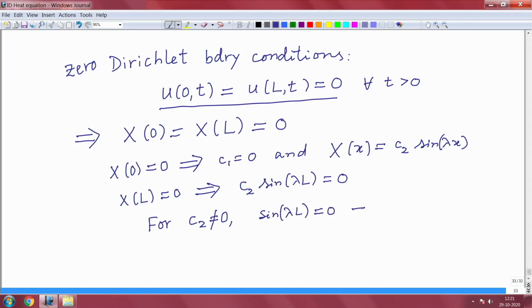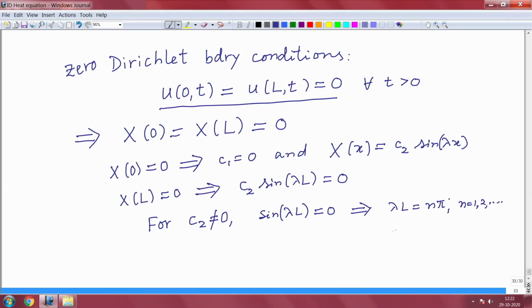And that implies lambda cannot be arbitrary. So, lambda L is n pi, and we cannot take lambda equal to 0, so n equal to 1, 2, etc. So, in that case there is a discrete set of lambda n.